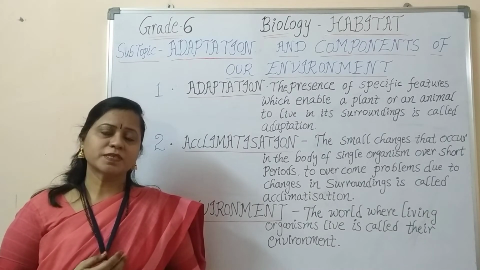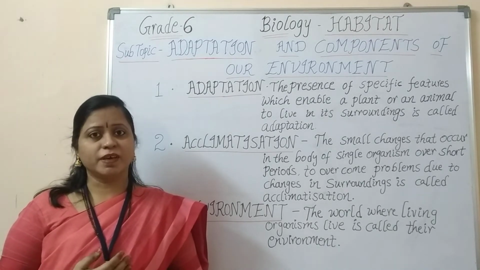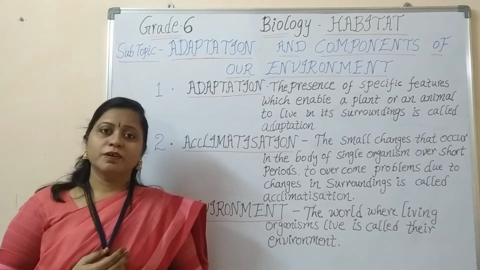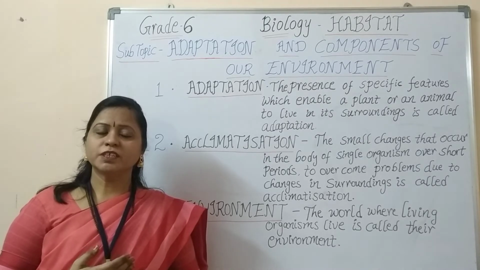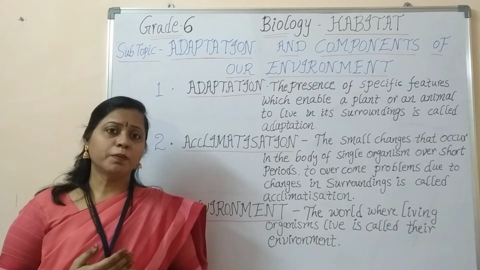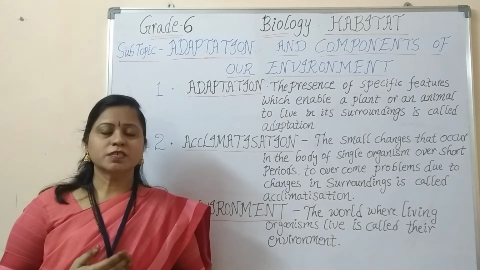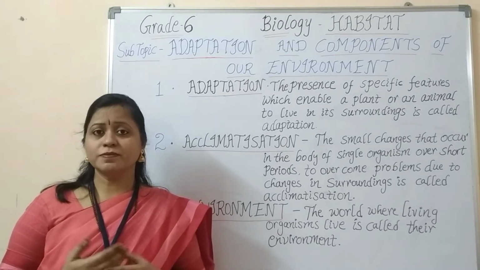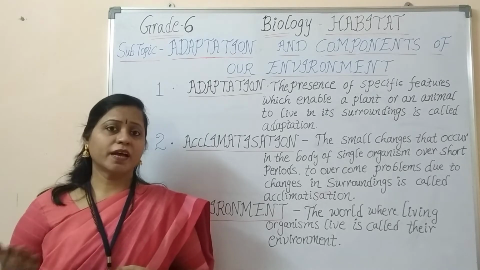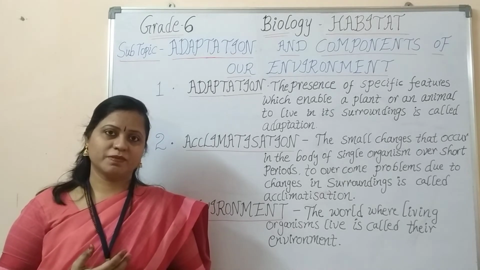Different organisms adapt in different ways. A freshwater fish cannot live in marine water because it is not adapted to excrete a large amount of salt like a marine fish is adapted.